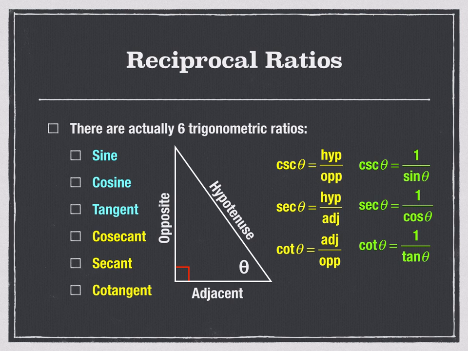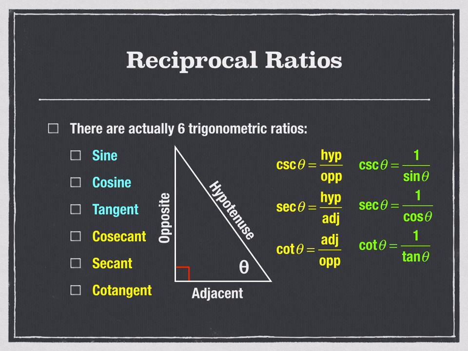What we find is that cosecant is the reciprocal of sine, secant is the reciprocal of cosine, and cotangent is the reciprocal of tangent. You are not going to find anything in the book outside of an extension exercise that uses these 3 extra ratios, but it is a good idea that you know what they are.